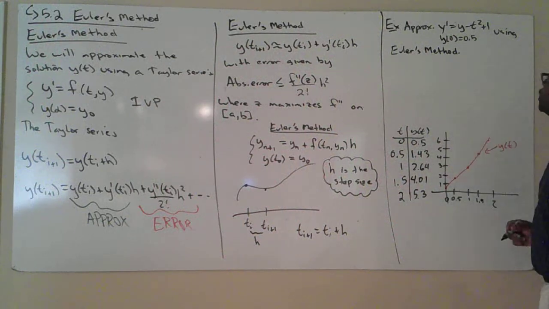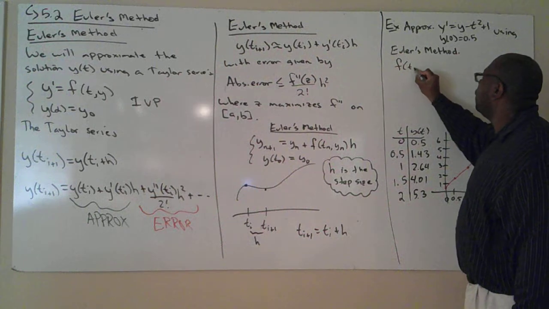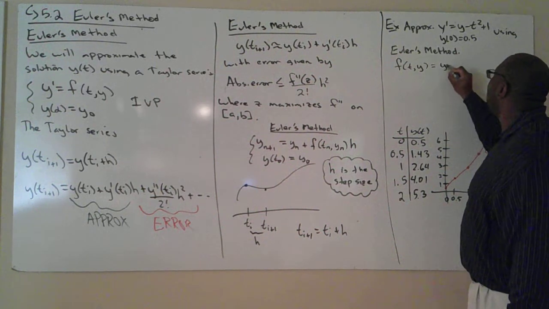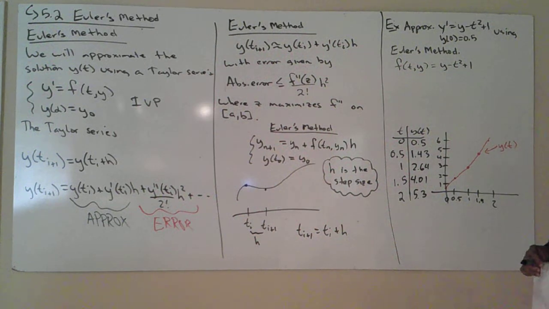Now notice that my f of t, y is equal to y minus t squared plus 1. That's what that's equal to.